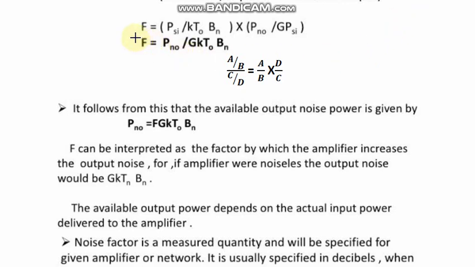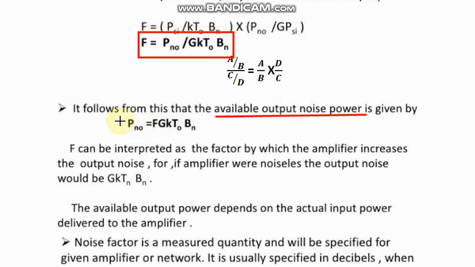So as we have found out, noise factor F is equal to Pn0 by G k T0 Bn. So the available noise power output has a new formula in terms of gain and noise factor.